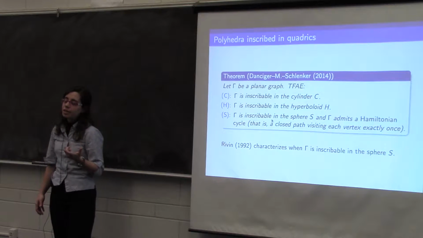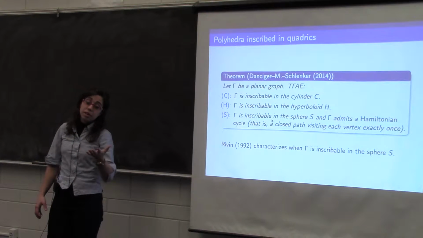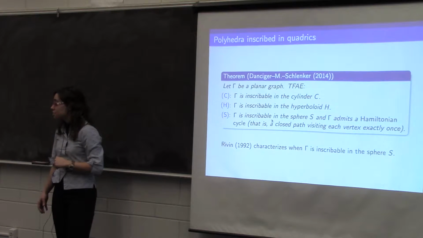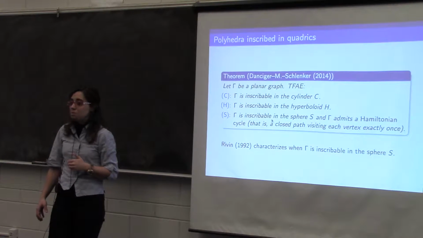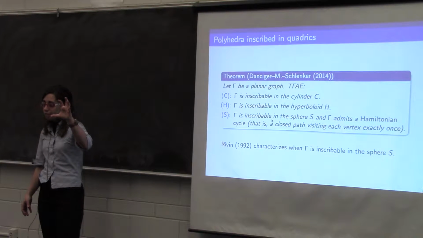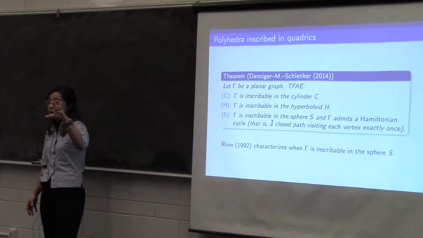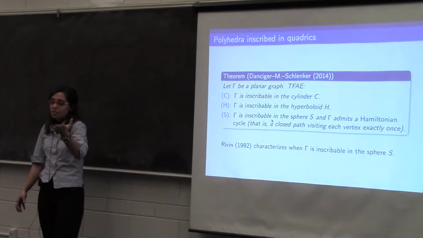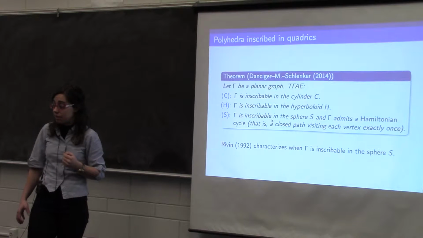And the other thing you can ask is, okay, you have some conditions, this existence of the Hamiltonian cycle, but who tells me that maybe it's true that all graphs that you can inscribe in the sphere all contain a Hamiltonian cycle? And if that is the case, I'm not adding anything here.